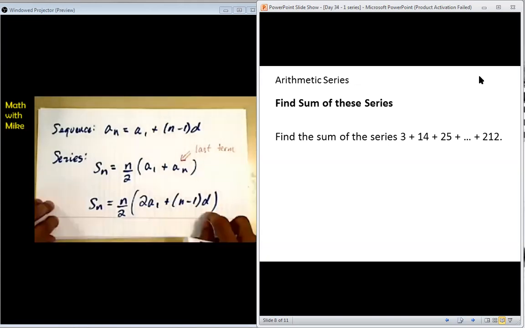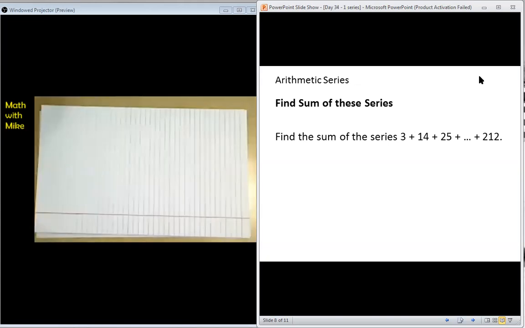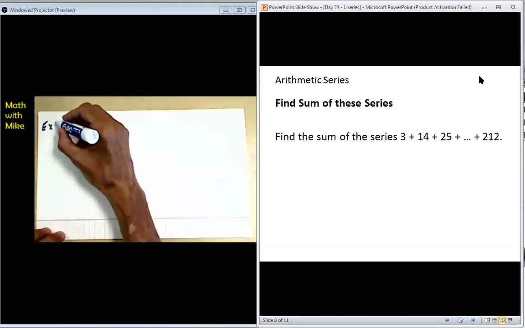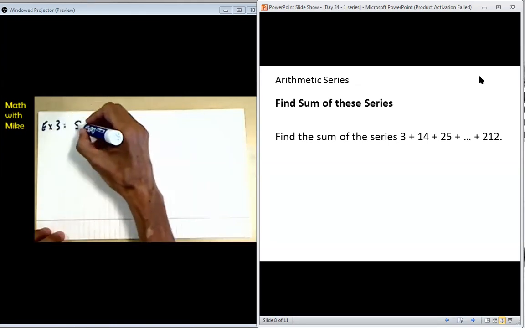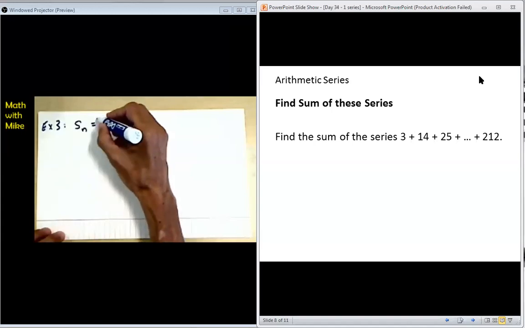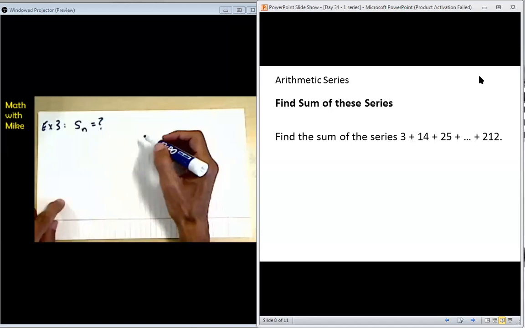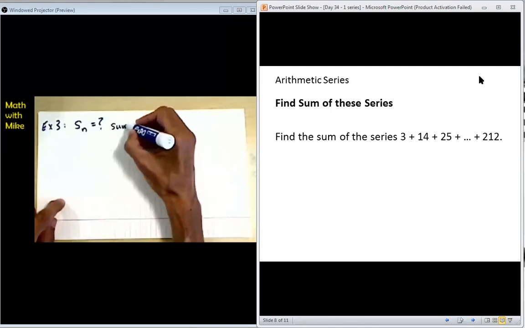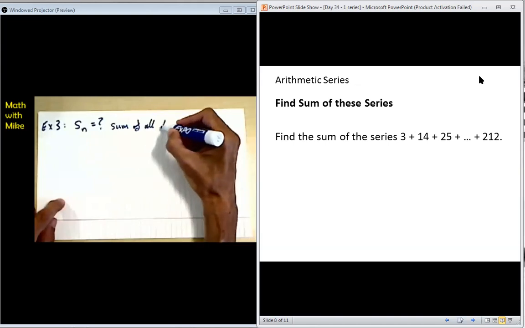So how do we do this? Okay, this is example 3, I think. We're finding Sn, the sum of all the terms.